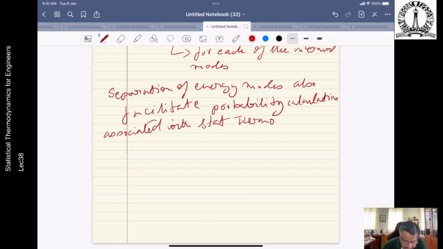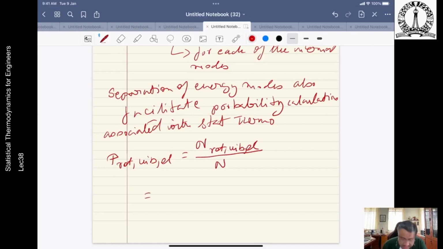For example, if you want to find P rotation, vibration, electronic, which means the probability of being in a specific rotational, vibrational, and electronic energy level, that would mean the number of particles in that configuration divided by the total number of particles.